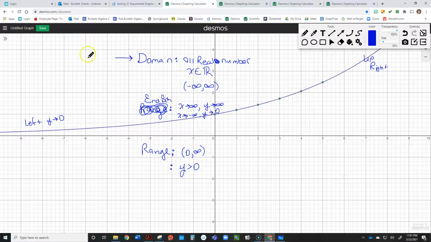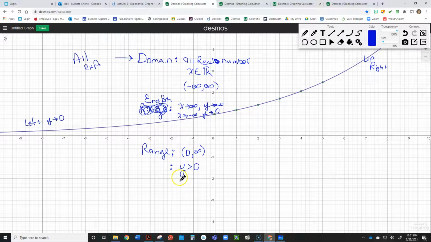This is true for all exponential functions. All exponential functions are going to have a domain of all real numbers, or a domain of negative infinity to positive infinity, because that's what is true. Doesn't matter if it's increasing or if it's decreasing. You can plug in any x value that you want. You can go to any x value and find that x value on the graph.